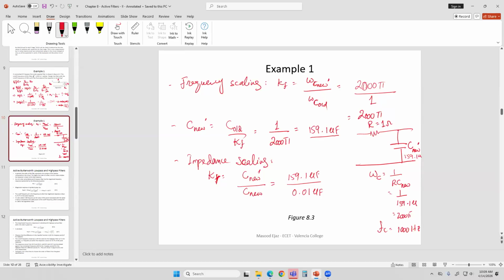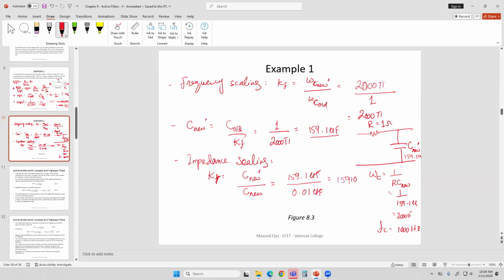So my impedance scaling factor is simply going to be, microfarad will cancel out, 15910. That's going to be my impedance scaling factor. Again, there are no units because it's the ratio between two same quantities.